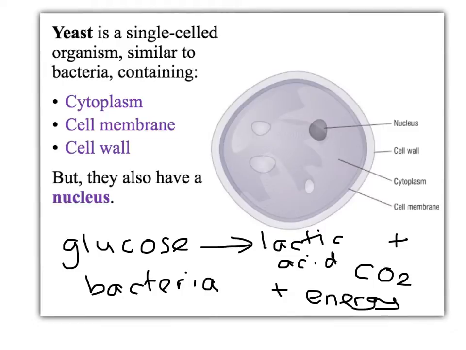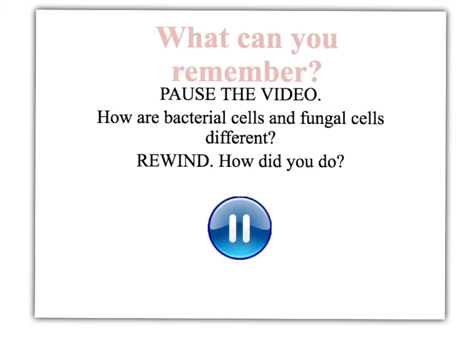Okay, and the lactic acid can be used for producing things like yogurt, because it helps to sour the milk. So what I'd like you to do again is pause the video. How are bacterial cells and fungal cells different? Then rewind it and see how you got on.